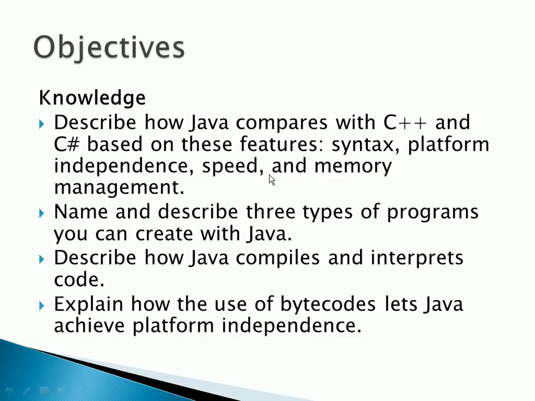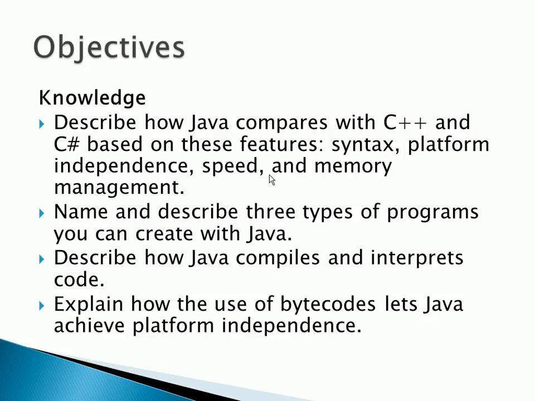The objectives of these video notes are to describe how Java compares with other object-oriented programming languages like C++ and C#, and basically we're going to make a comparison of how the other languages handle syntax, platform independence, execution speed, and memory management.